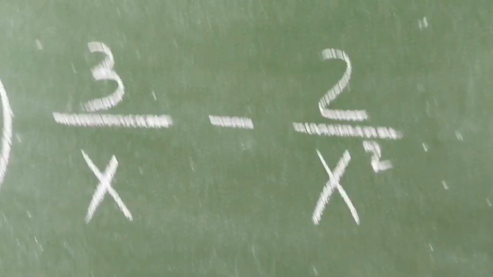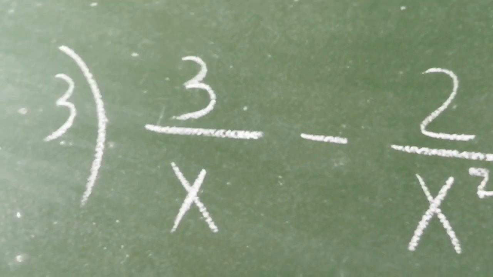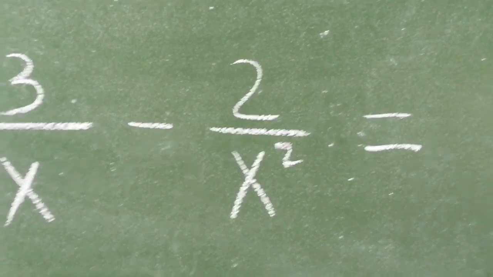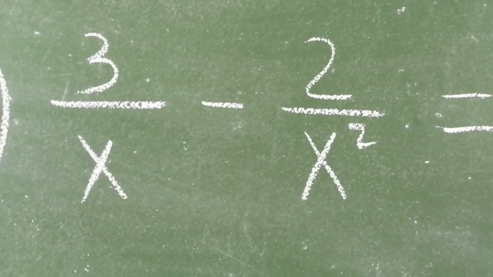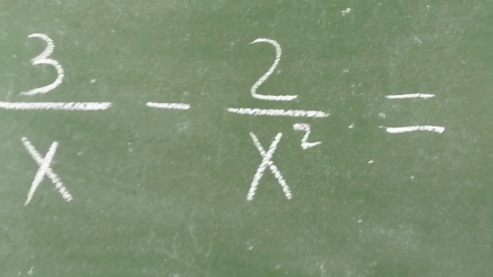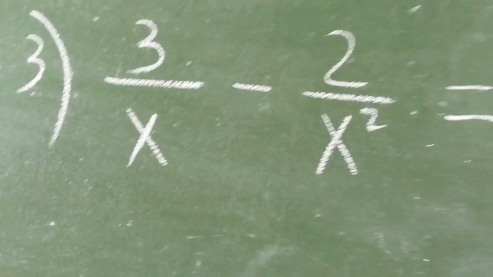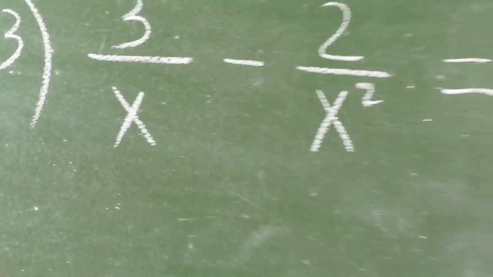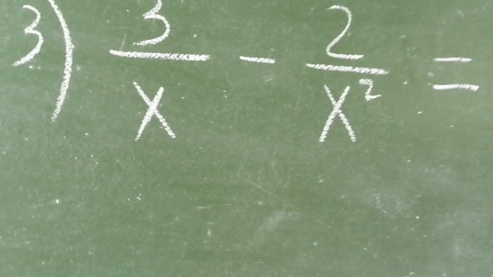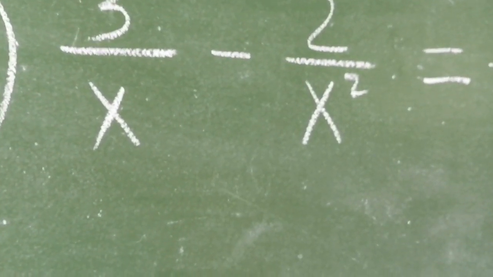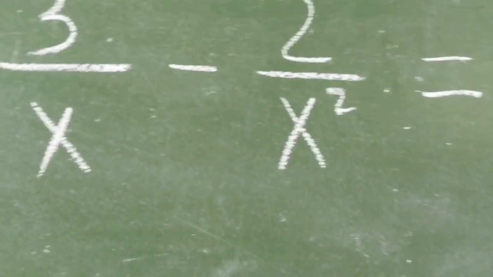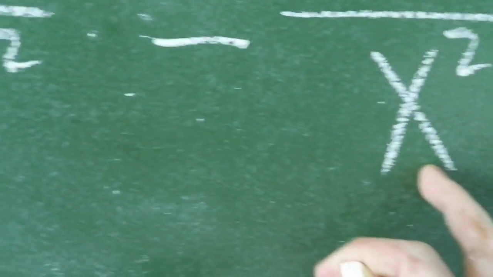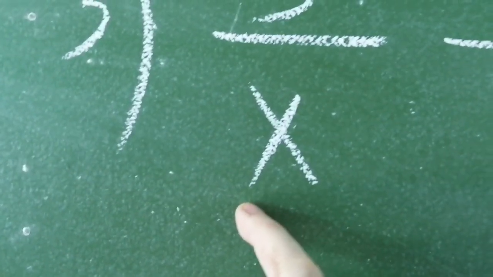This time, let's do subtraction. 3 over x minus 2 over x squared. The denominators, they are dissimilar. So get the LCD. The LCD here is x squared. Do not say x cubed. That's not the LCD. X squared. Okay? So, like before, x squared divided by x.